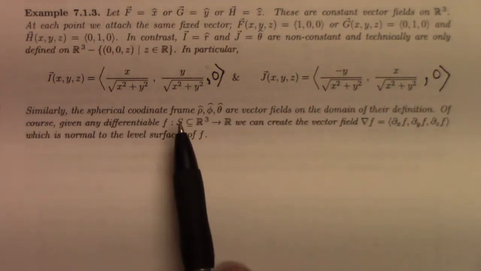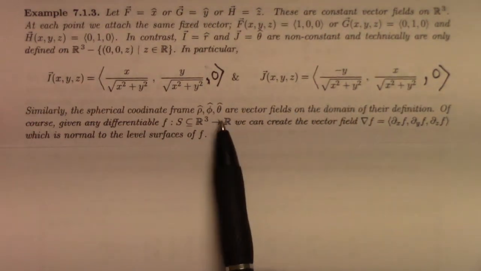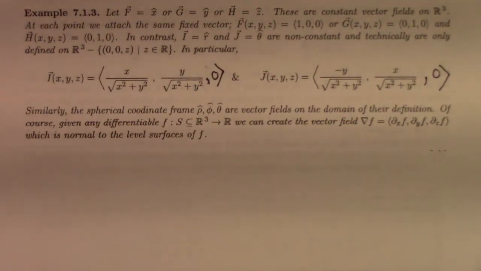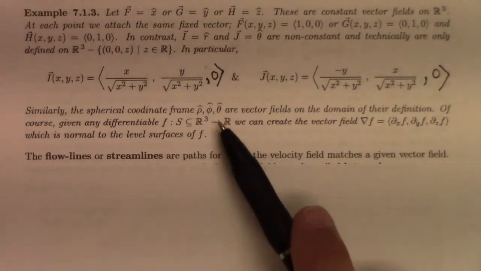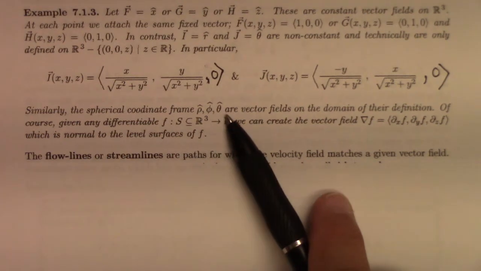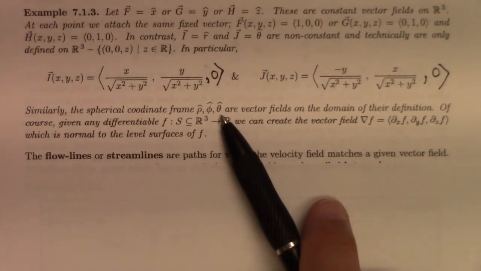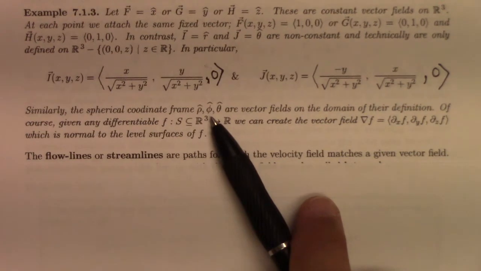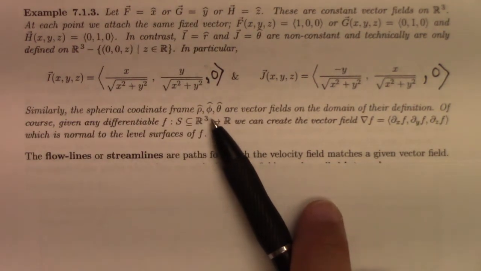And then the spherical coordinate frame, rho hat, phi hat, theta hat. Well, theta hat's again just this, but rho hat and phi hat, well, I won't give you formulas here, but they are earlier in the notes, right? And those are vector fields on much of R3, not the whole of R3, right? Because there are certain parts of R3 in which rho hat is ambiguous at the origin, and phi hat is not defined, I want to say at the North Pole and also the South Pole of the unit sphere, so to speak.